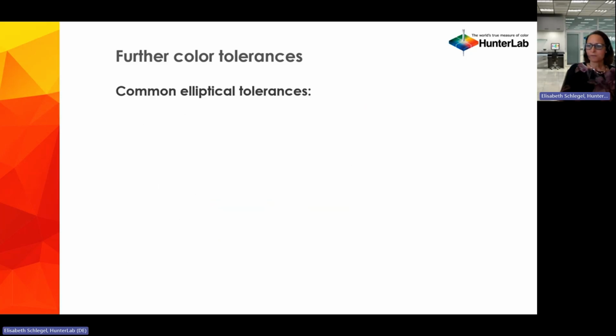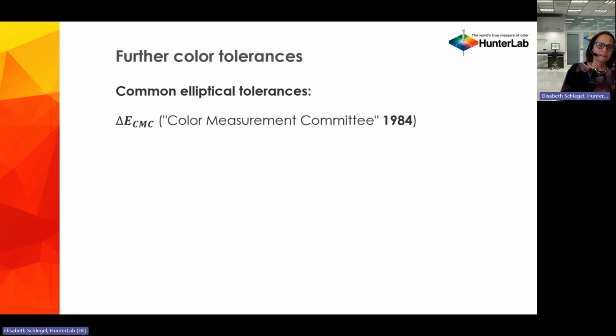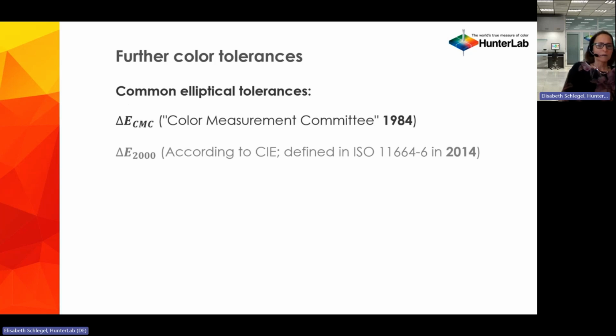And therefore we have some common elliptical tolerances. One is the delta E CMC. This was defined by the Color Measurement Committee in 1984. You will find that always in our software and our instruments. And another one is the delta E 2000.